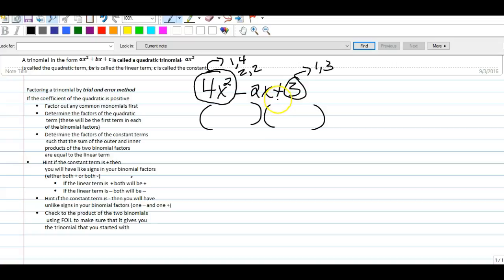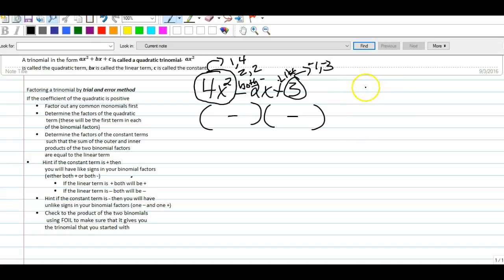Now notice that the sign that precedes your constant term is a plus, so that means you have like signs. And the sign that precedes your linear term is minus, so that means that in this case they're both going to be minus. So I'm going to have a minus here and a minus there. So really, the factors of the constant term that I need to look at are minus 1 and minus 3.